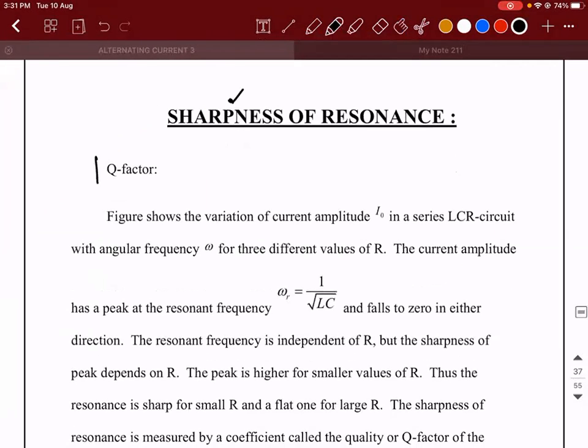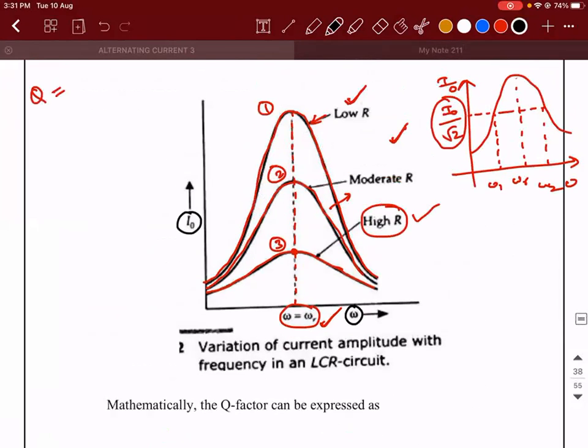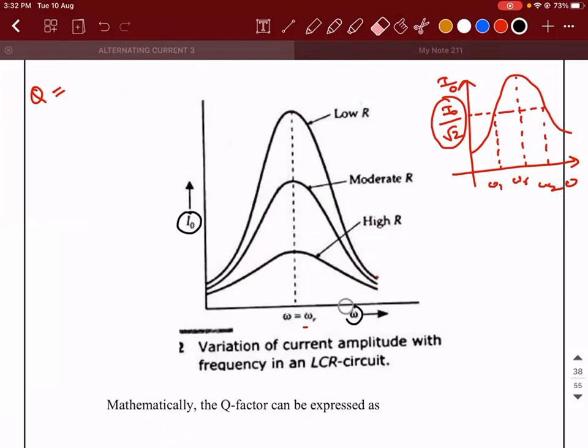Now we are going to discuss a term called Q factor. To define the sharpness of resonance, if you plot a graph between I naught, that is the maximum value of current, and omega, this graph itself says the variation of current amplitude with frequency in an LCR circuit. Then you will get a graph like this.